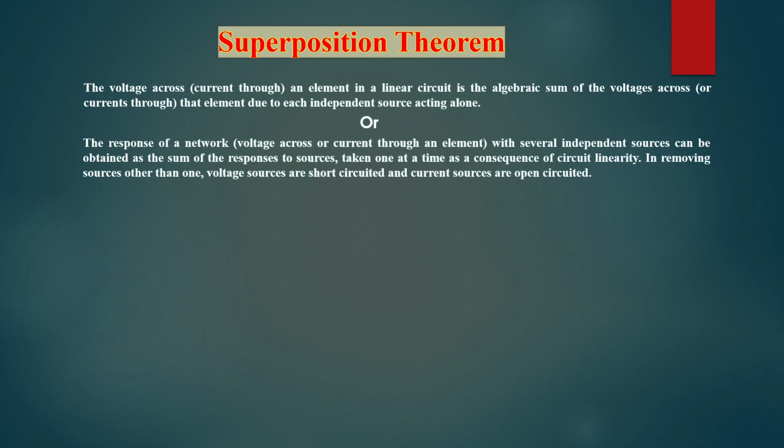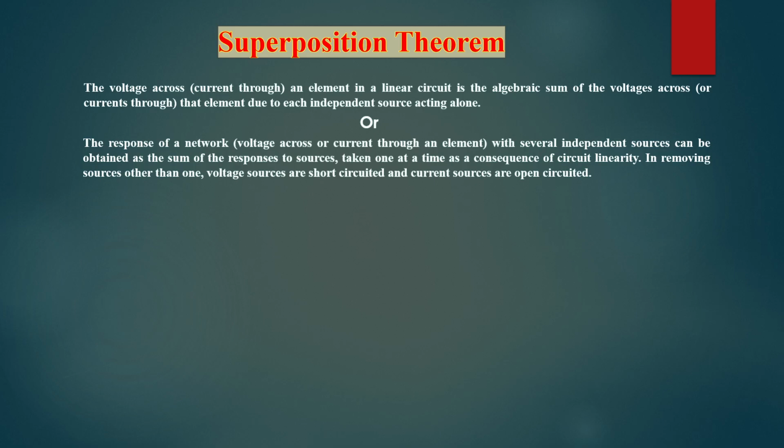The response of a network, which can be voltage or current, with several independent sources, that is, a circuit that has more than one independent source, can be obtained as the sum of the responses to the sources taken one at a time, as a consequence of circuit linearity.